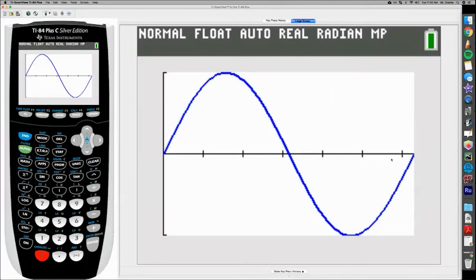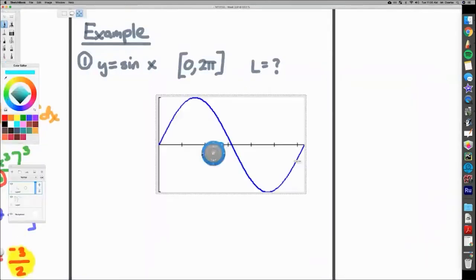Now, if we were going to estimate this, what's a good estimation? If you just looked at this, we can definitely say for sure that the distance is greater than what? 2 pi, very good.